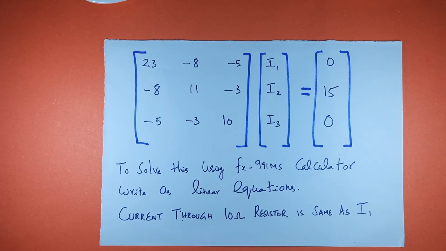But nowadays universities are permitting calculators that can solve simultaneous equations or linear equations. So since we want to solve using a calculator, I will demonstrate how to solve through this calculator, FX 991 MS. This is permitted in almost all universities.